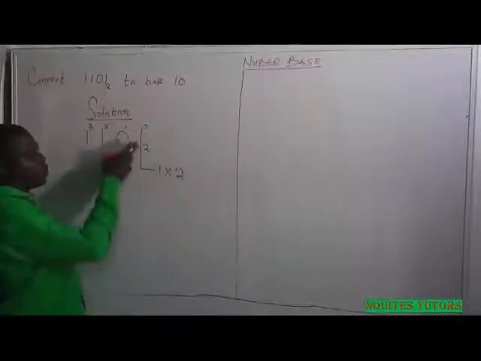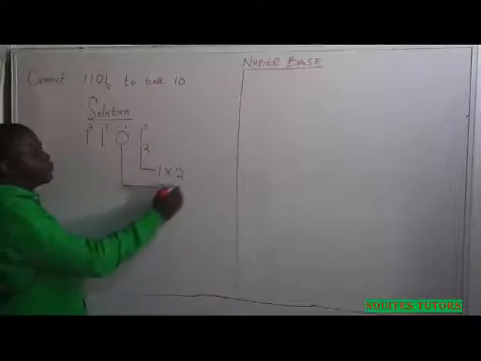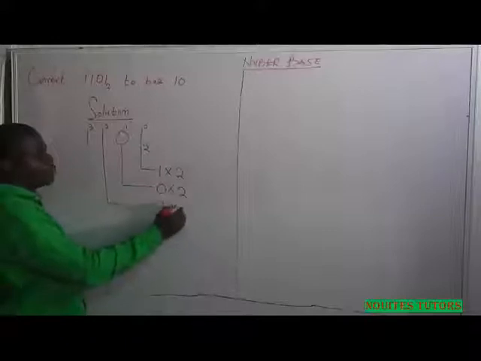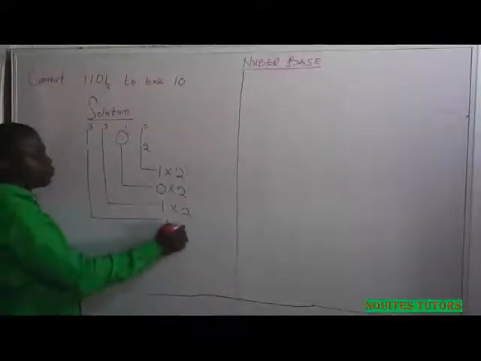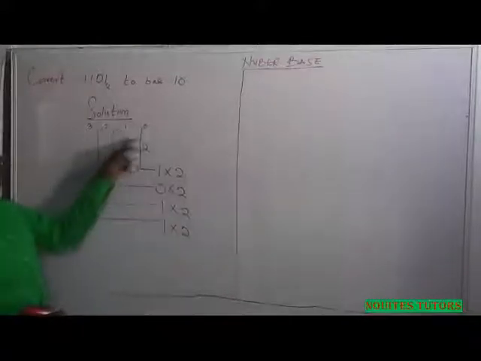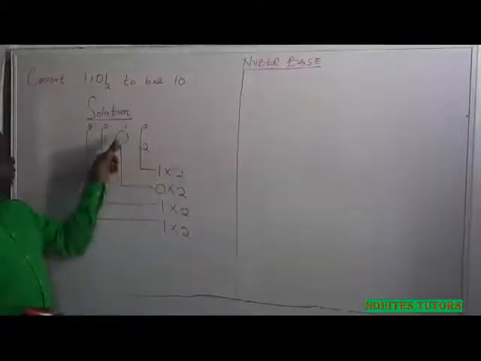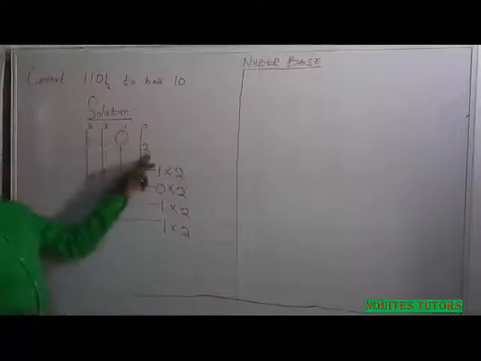I'll pick this 0 again times 2. I'll pick this 1 again times 2. Then I'll pick this 1 again times 2. You see, I use all these numbers to multiply the base. 1 times 2, 0 times 2, 1 times 2, then 1 times 2.